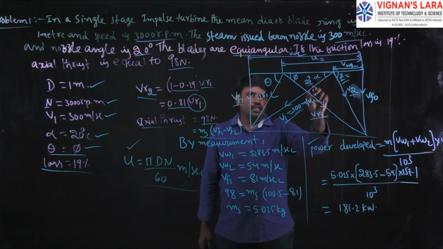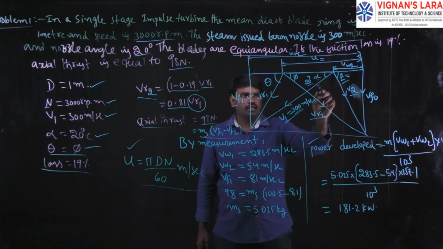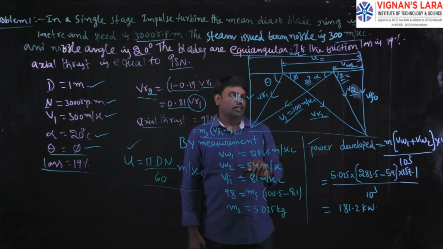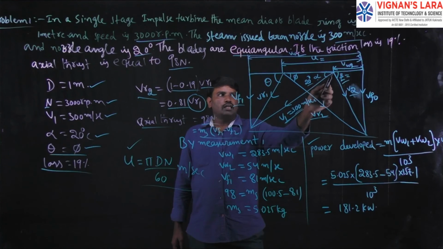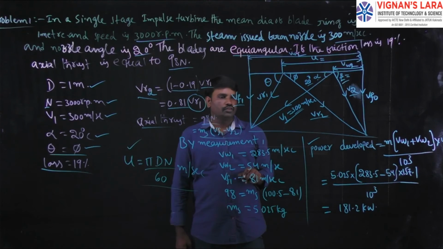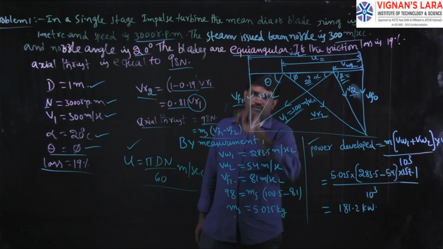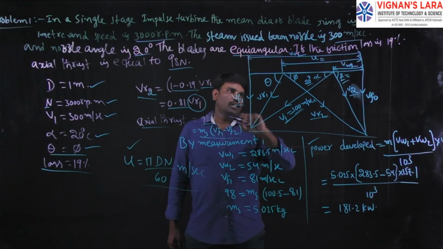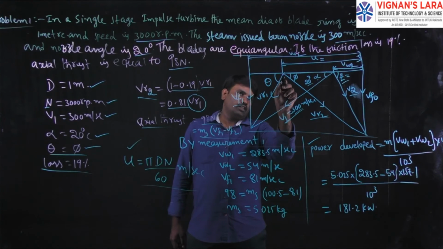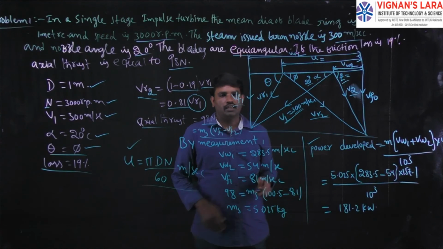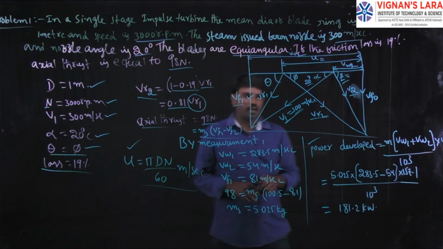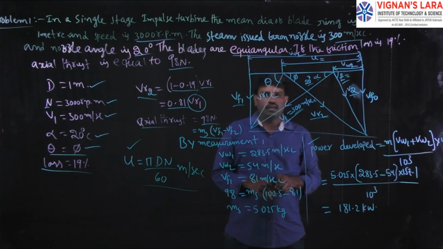With this angle of 20 degrees and the 300 meter per second line you have to draw, and later you can extend at the end point vertically, and horizontally you can extend the u line. Then these two points meet at one location, and at this location you can draw the Vr1 line and Vr2 line with the theta and phi angles.